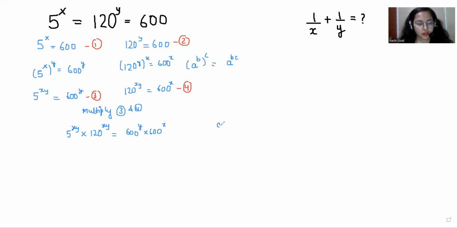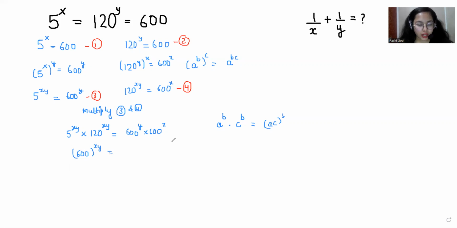Again, we know that if a^b multiplied by c^b, if the powers are the same, as on the left hand side, we can multiply the bases, that is (ac)^b. So if I multiply 5 with 120, I get 600^(xy).